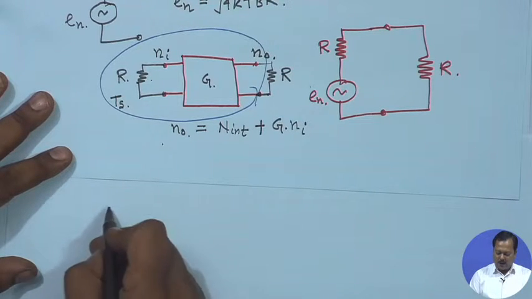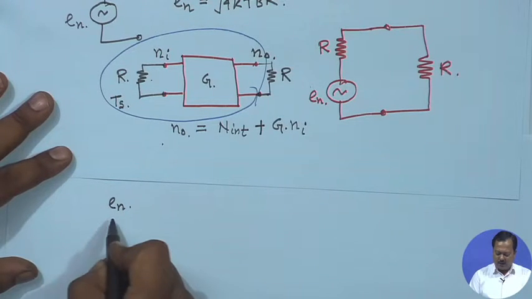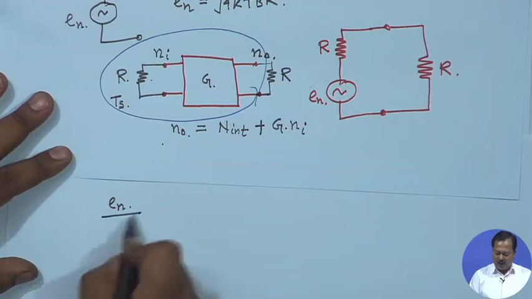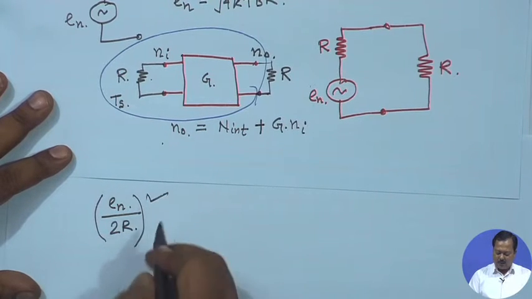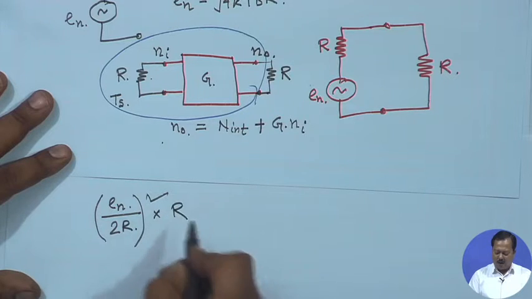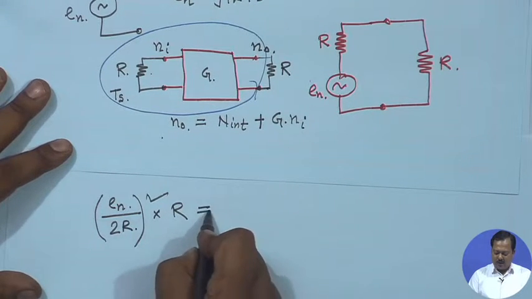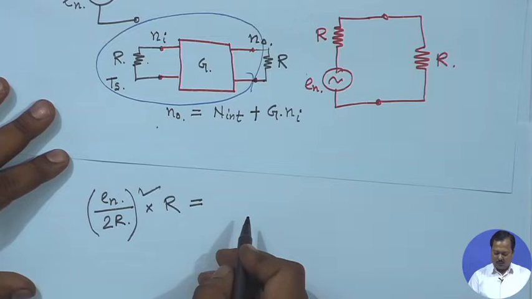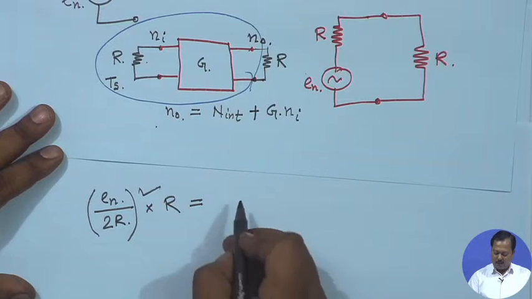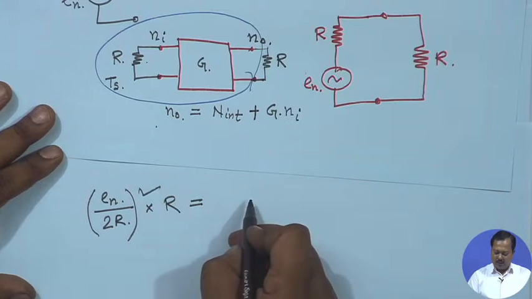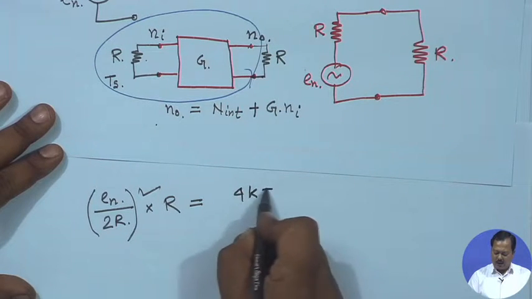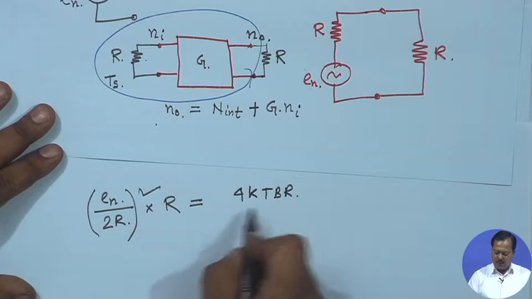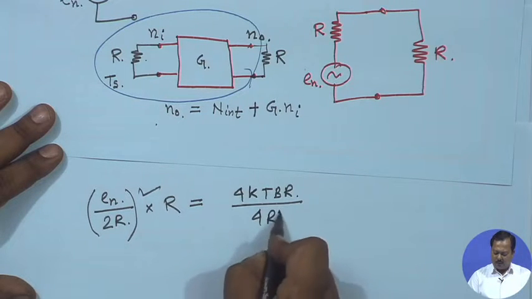let us say, the noise voltage is E n, then the current component is E n by 2R. So, I square multiplied by R is equal to E n squared by 4R. If I put the value, this is 4kTBR multiplied by R over 4R squared.